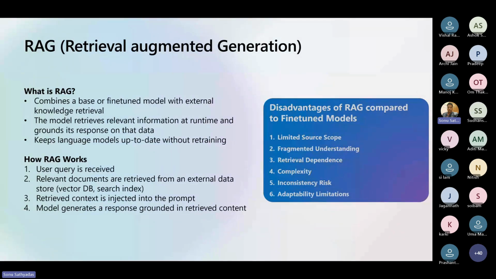We will create a vector data store, and then we will search and find the matching answers from this vector store, and the model is going to generate the final answers based on the search result. So we can see how it works. User query is received, then relevant documents are retrieved from the external data store, that is a vector database.